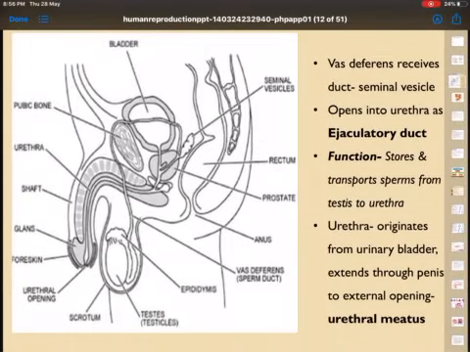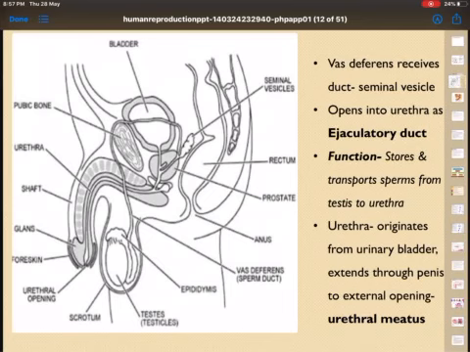And look at that again. Vas deferens receives a duct from the seminal vesicle and opens into the urethra as the ejaculatory duct. Its function is to store and transport sperms from testis to urethra. Urethra originates from the urinary bladder and extends through the penis to an external opening called the urethral meatus.